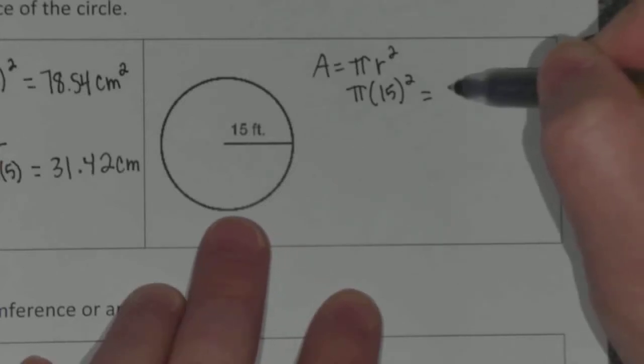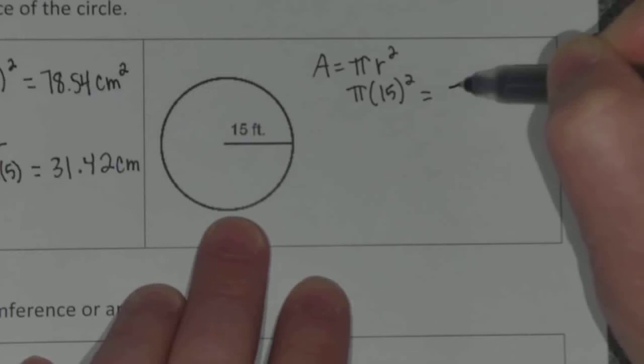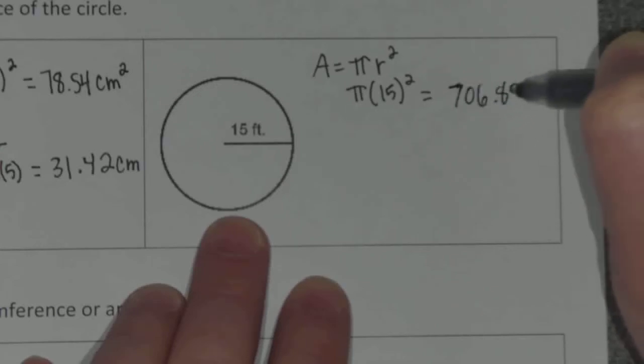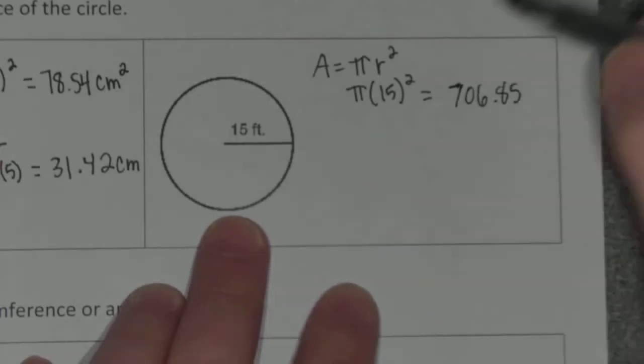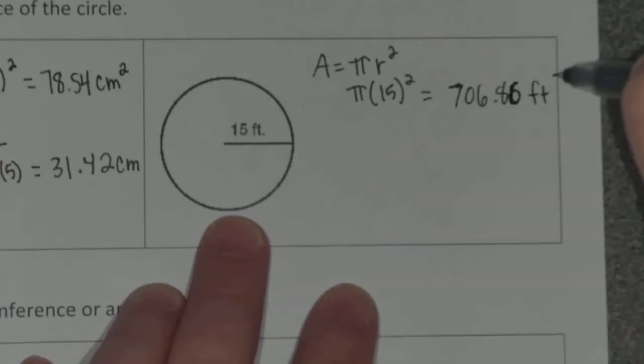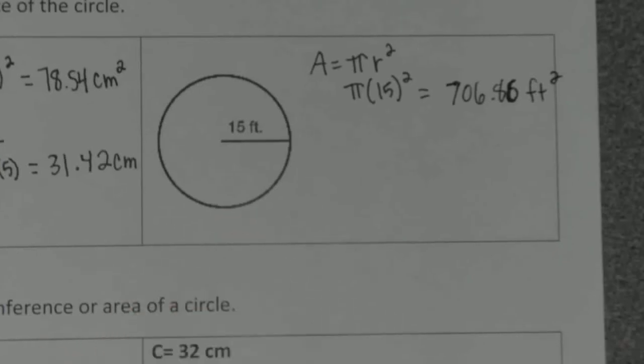And what did you get for your area? That's perfect. 86 if we round, yep. And then that would be feet squared.